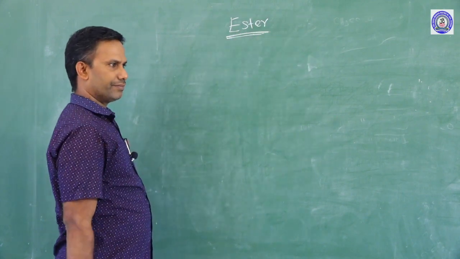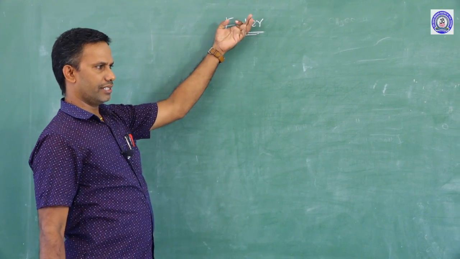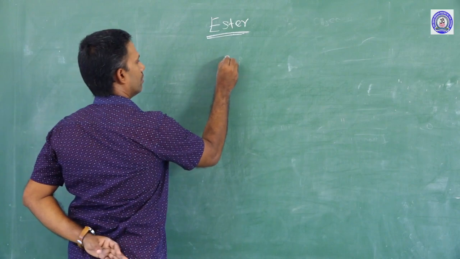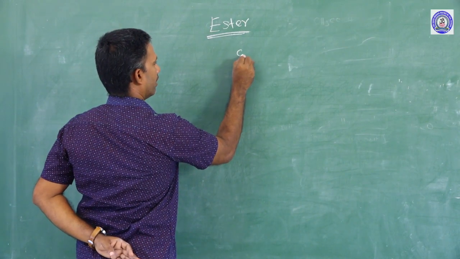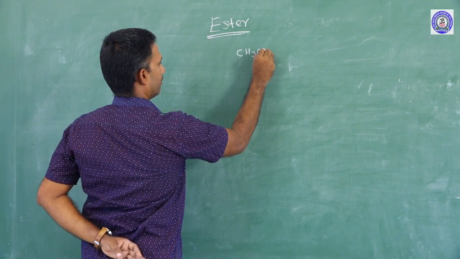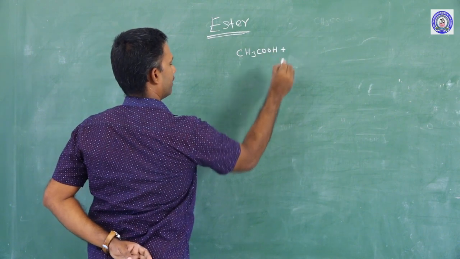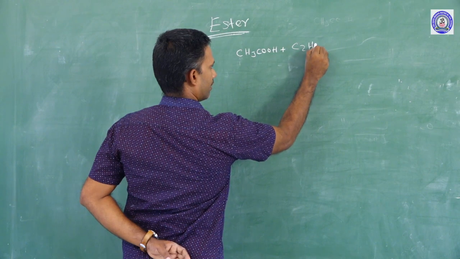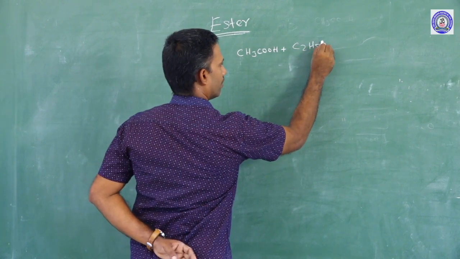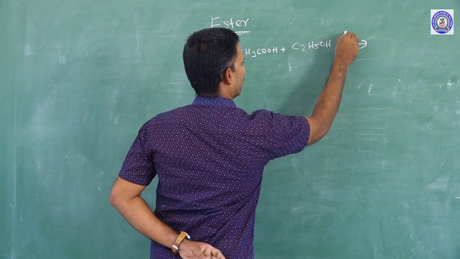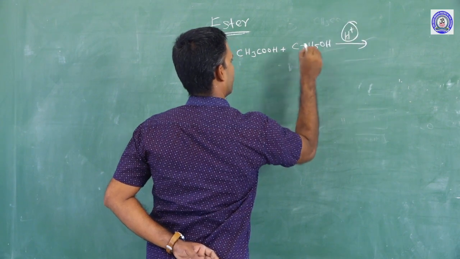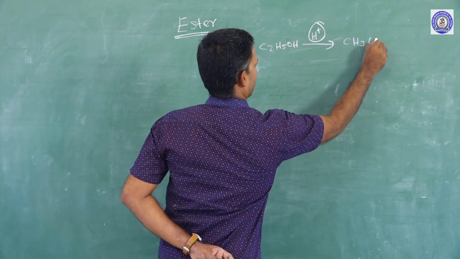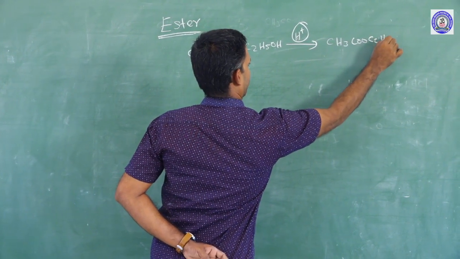Ester. So how can we prepare ester? Ester can be prepared by esterification. When a carboxylic acid is treated with alcohol in the presence of a mineral acid, it produces a pleasant smelling liquid.